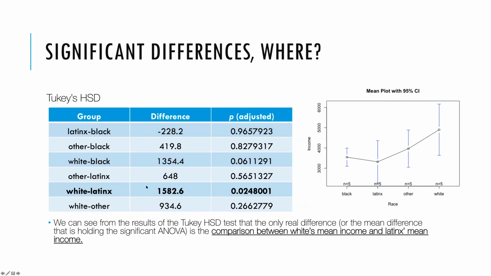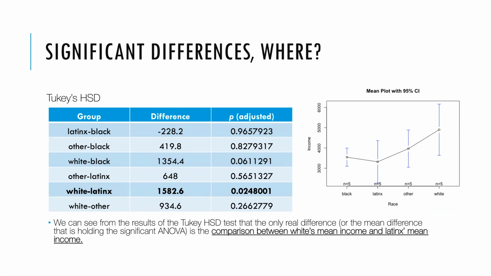What we find here is that the only t-test difference that exists, the only significant difference, is between white and Latinx. There's a difference of $1,500 a month, and that difference is at 0.02. So the likelihood that the null is true is about a 2.5% chance.